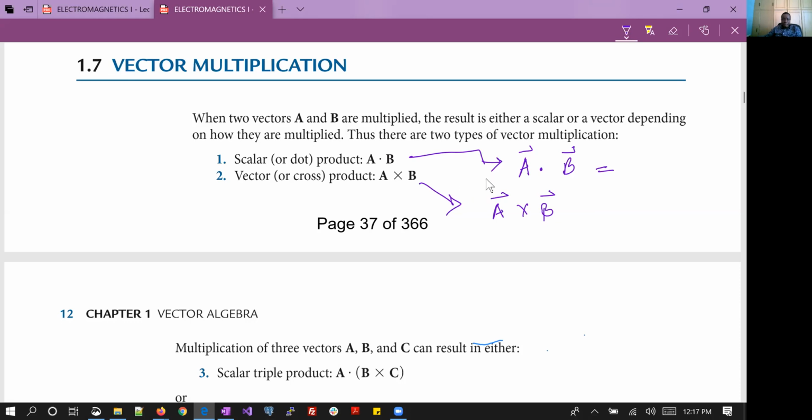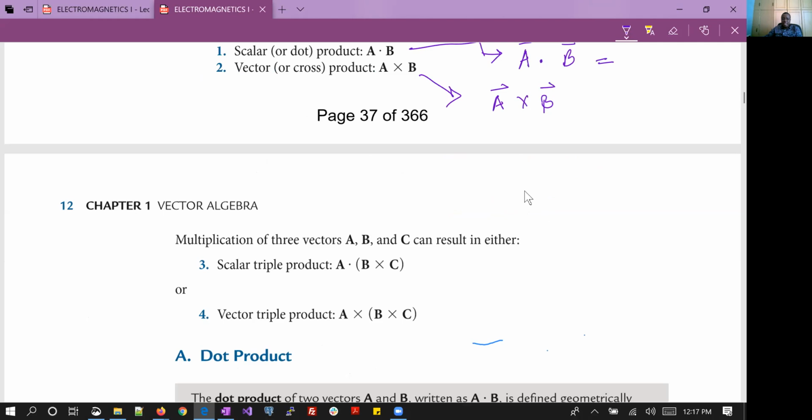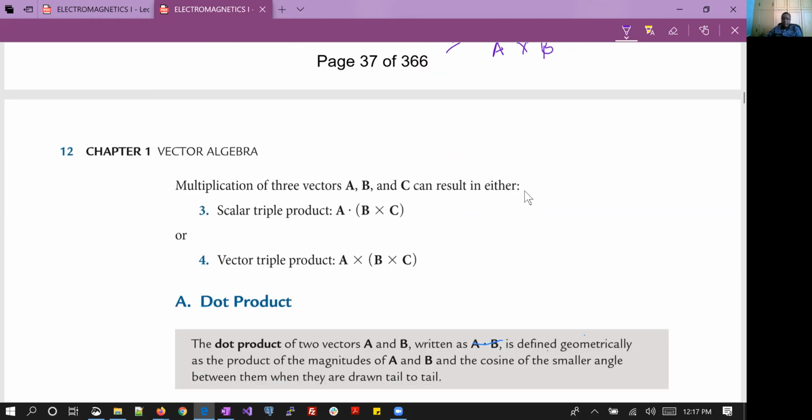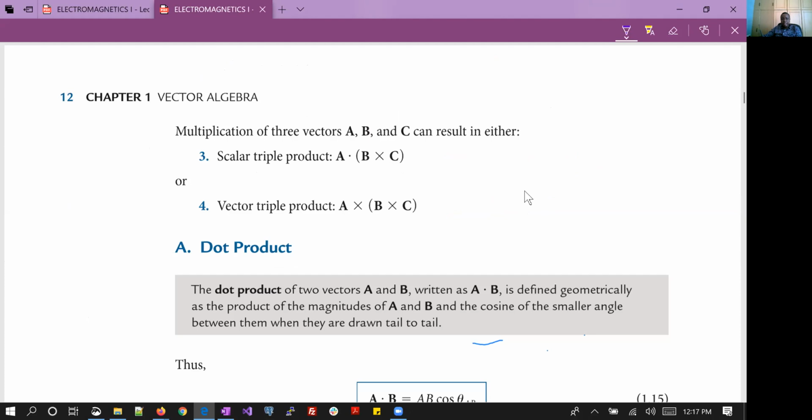multiplication. But then you also find a concept that combines dot and cross, such that you have three vectors A, B, and C, and you might require a scalar triple product. A scalar triple product involves A dot with the product of B cross C. You don't say times. Remember, you don't say times. When you are dealing with vectors, we say B cross C. And you always remember to put the arrow on top.